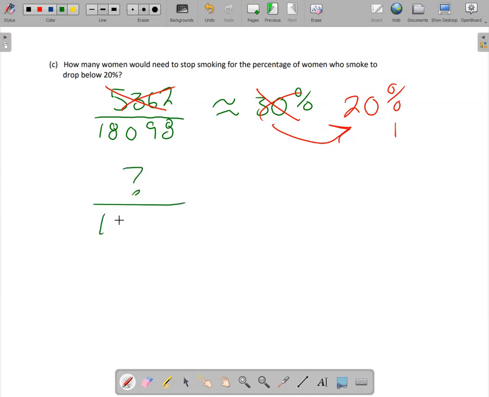How many out of 18,098 will give us 20%? To solve for the missing question mark, to get rid of a division, we would multiply. So we could multiply both sides by 18,098.